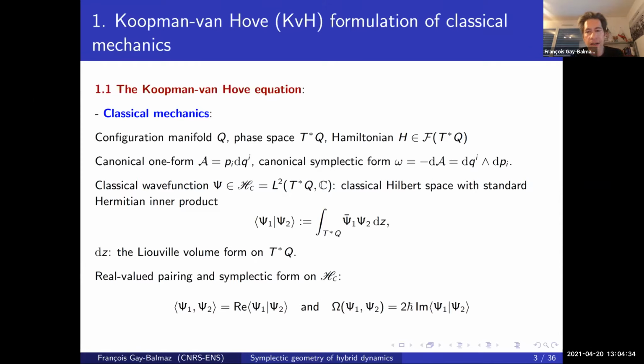On the classical Hilbert space of wave functions, the space of L2 functions on T star Q, we consider the ordinary Hermitian inner product. We will also need to use this pairing and the symplectic form omega. All this is standard, just formulated for phase space wave functions.